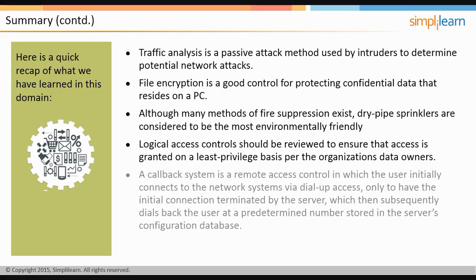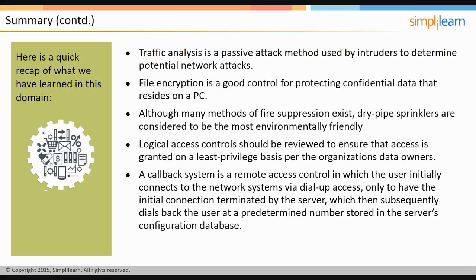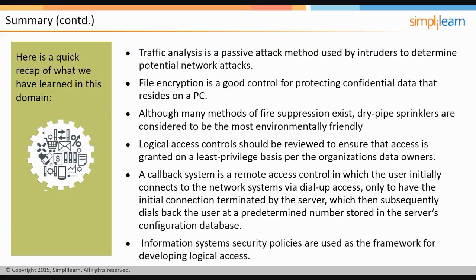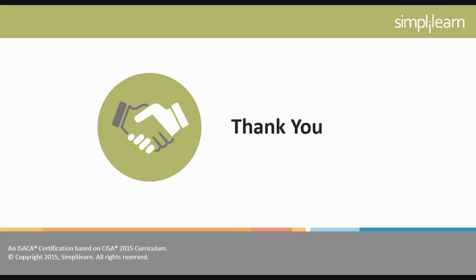A callback system is a remote access control in which the user initially connects to the network systems via dial-up access, only to have the initial connection terminated by the server, which then subsequently dials back the user at a predetermined number stored in the server's configuration database. 13. Information system security policies are used as the framework for developing logical access.